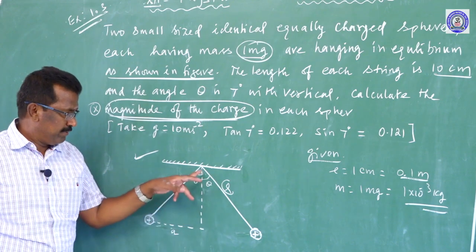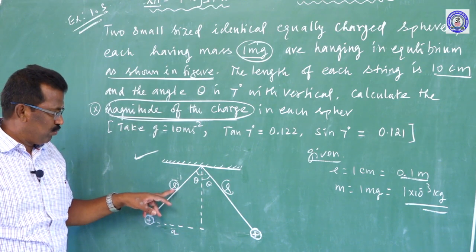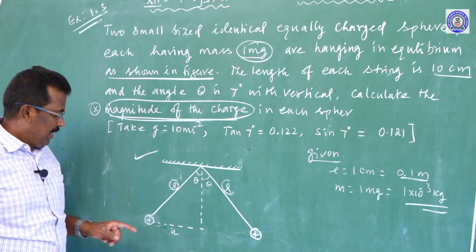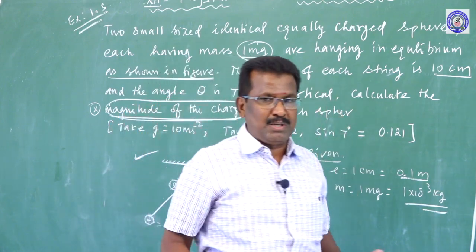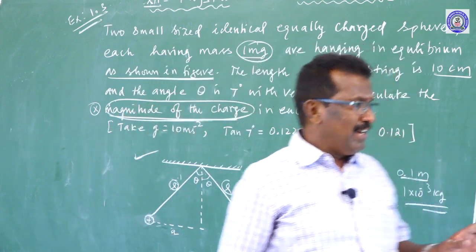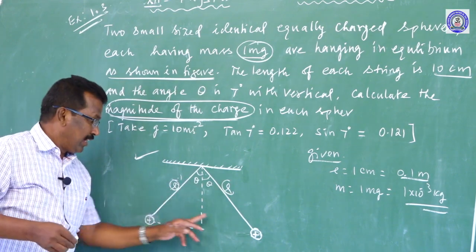Two charged spheres are hanging with the help of strings. Suppose the two spheres are not charged, suppose they are neutral, they will not make any angle. Now a positive charge is given to the two spheres.